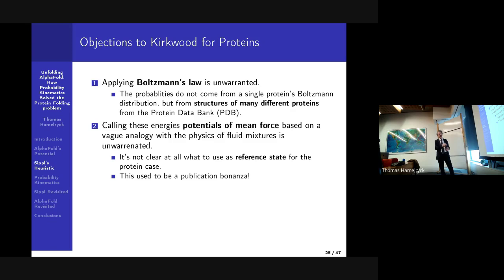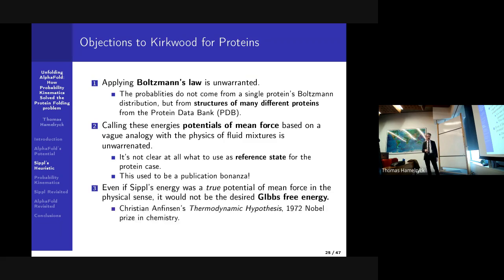It's also not clear at all what we should use as a reference state. In liquids, it's clear that we use the ideal gas state. In the case of proteins, it's not clear at all what we should use. And as I mentioned, this used to be a publication bonanza. There was a lot of work on publishing better reference states. And then finally, to be a bit more theoretical, what we really want is the minimum of the Gibbs free energy.